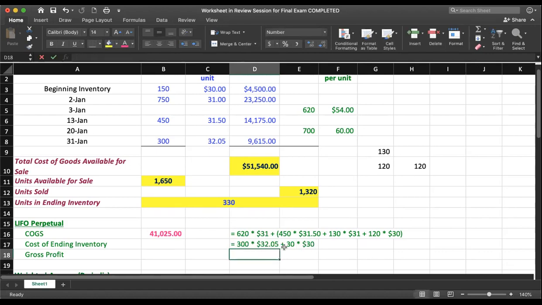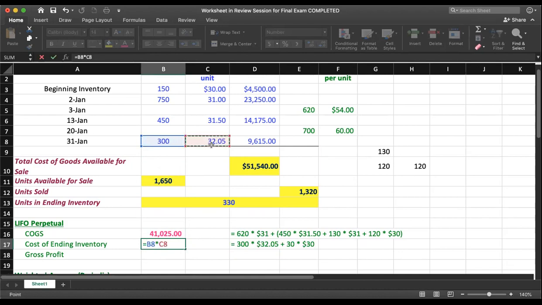So that's going to be these 300 times $32.05 plus 30 units of the 150 that are at $30 apiece.